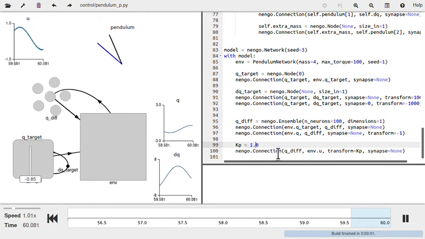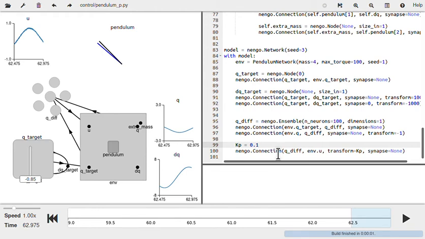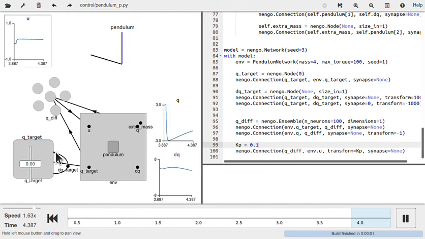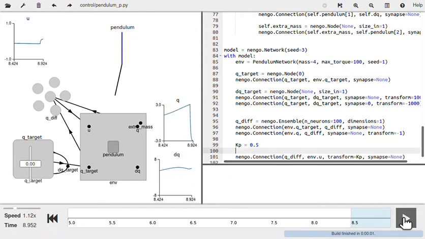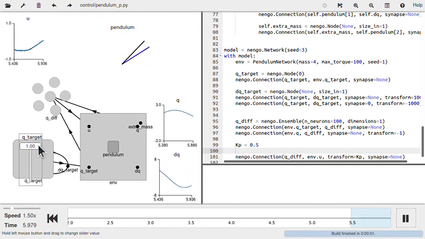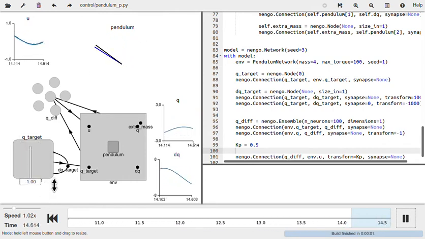If I decrease the weighting factor, oh, I've decreased it too far. Let's decrease it to there. Put my target over here. We're still going to get this pretty big problem. Maybe put it over here.